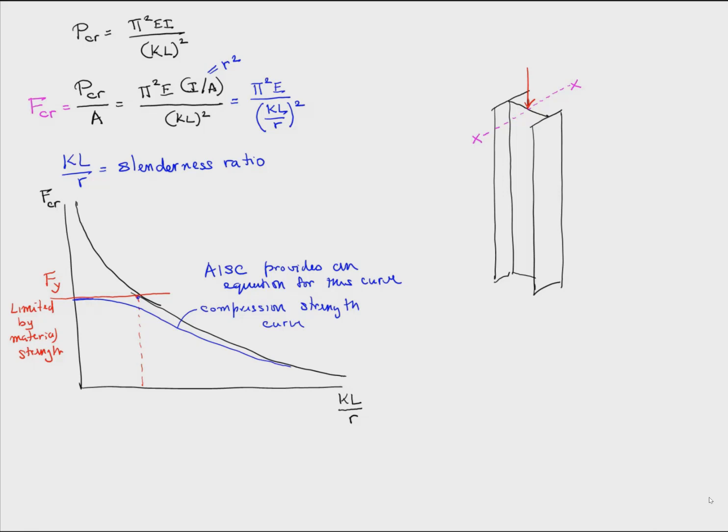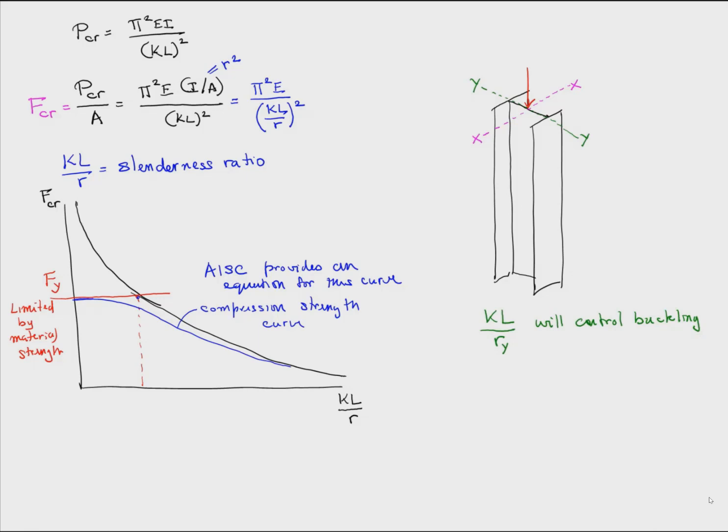And for bending about this axis, the moment of inertia is smaller. So all other things being the same, buckling would occur about the weak axis. So K times L over r about the YY axis will control buckling, all other things being the same.